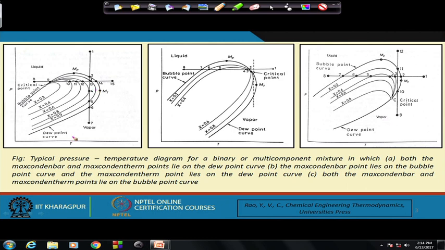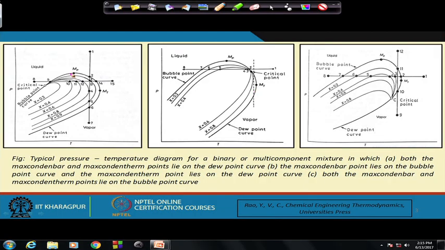Both of them can lie beyond the critical point on the dew point curve, which is quite a common case. And the third is, while MP lies on the bubble point curve, MT lies on the dew point curve. So, MP and MT can be placed with respect to the critical point in three ways: both lying on the bubble point, both lying on the dew point, and one lying on the bubble point while the other lies on the dew point.